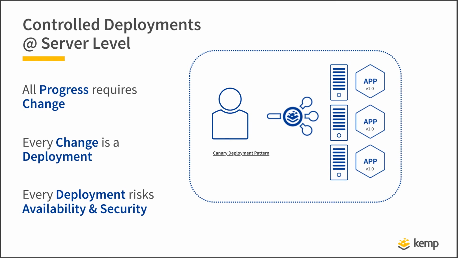Likewise, if there are security issues that need to be rolled out, that's going to bring with it some kind of availability risk, and that could have a lot of resistance. People might not want to roll out security patches or security fixes as fast as a security team wants because of the risk to availability. If you have these controlled processes in place, it allows you to push for more aggressive changes in terms of patching systems and changing insecure configurations, because you can protect availability while you do this.